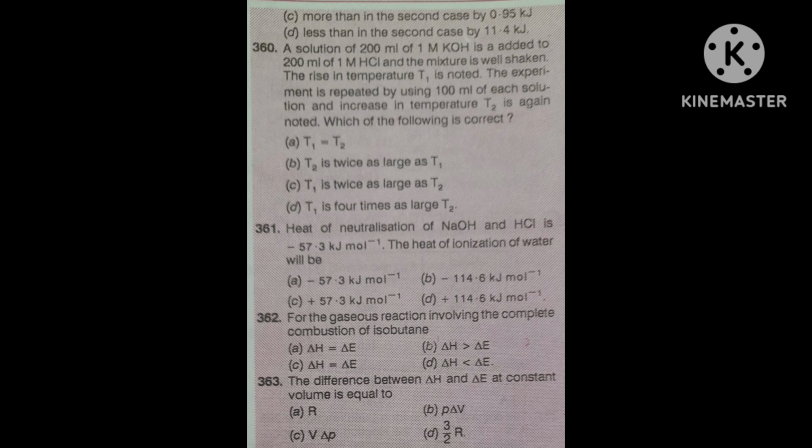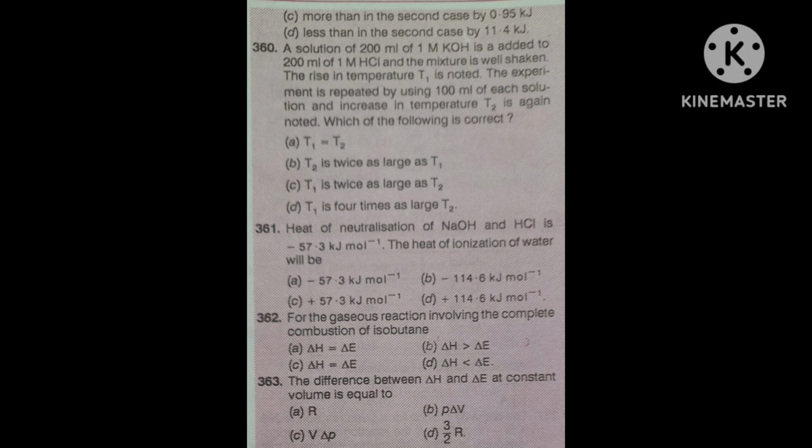Hence, the question is asking for the heat of ionization of water. It is actually an acid and a base, but you have to calculate the heat of ionization of water. Here the important thing is that in NaOH, OH is there, in HCl, H is there, and it is forming NaCl plus H2O.